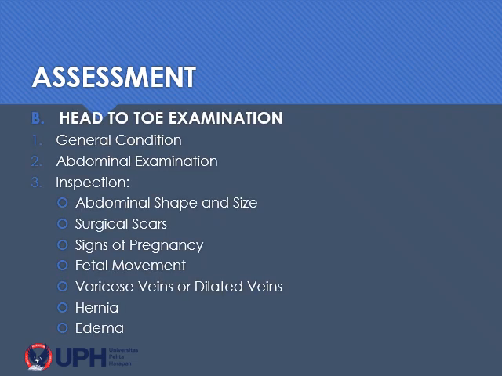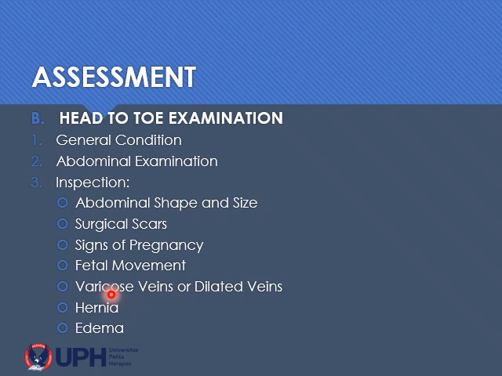Now, after that, we perform head to toe examinations. As usual, we observe the general condition, we do an abdominal examination, we inspect the size and the shape of the abdomen, we see if there are any scars on the abdomen, we see the signs of the pregnancy, and we see also if the fetus is already moving inside the abdomen.